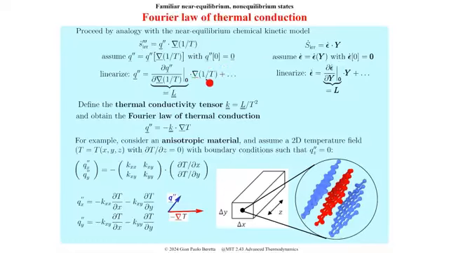Linearizing in the gradient of 1 over T, that multiplies the gradient of 1 over T. Of course, this tensor is evaluated at equilibrium, so this is an equilibrium property, evaluated when there is no gradient, when the temperature is flat. Well, if you call that L K tensor times T squared, you obtain the Fourier law of thermal conduction.